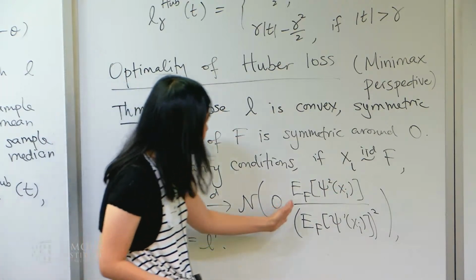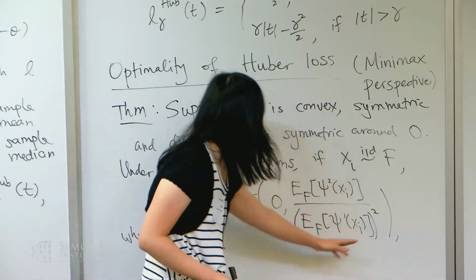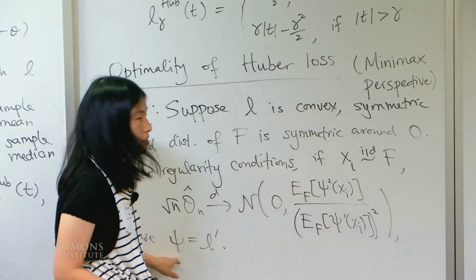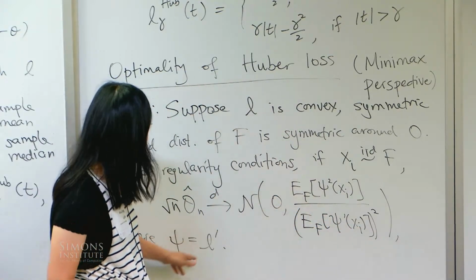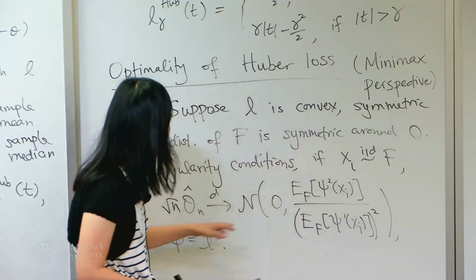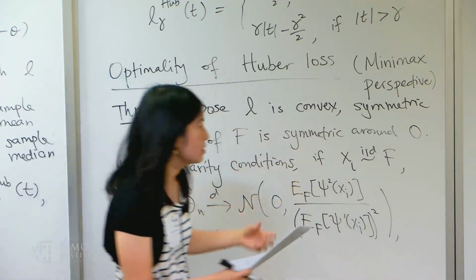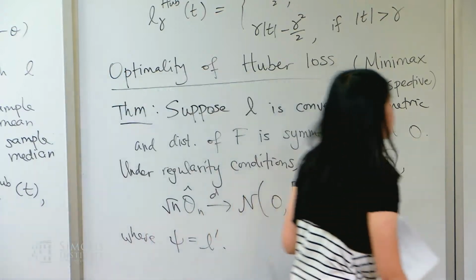We want to understand how this variance behaves if I fix a particular M-estimator, say the Huber loss, and look at how big the variance can get for the worst-case distribution in a ball around the nice uncontaminated distribution. Let me write it down over here.